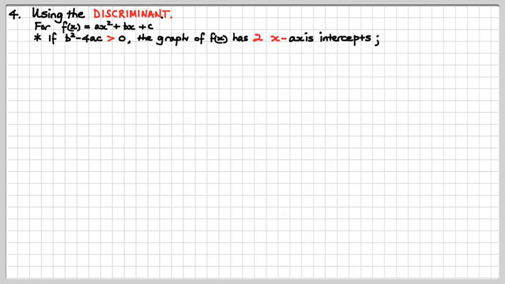Now, the fourth item we're going to consider in our quadratics is use of the discriminant. It's a very vitally important area to consider. So, for f of x equals ax squared plus bx plus c, the discriminant is the bit in that general solution. I better go back and show you the general solution.